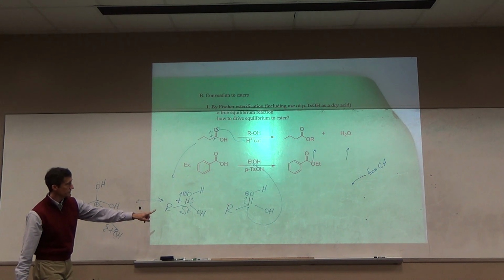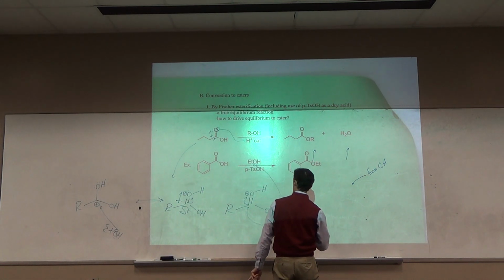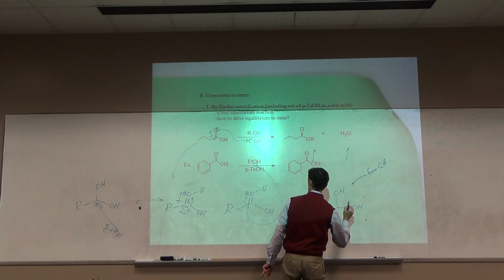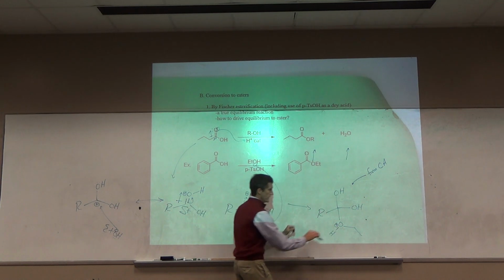This also gives the same thing. What does all that either way give? Okay, we need to draw this out. Ethyl, and there's an H here. One lone pair left. Okay?